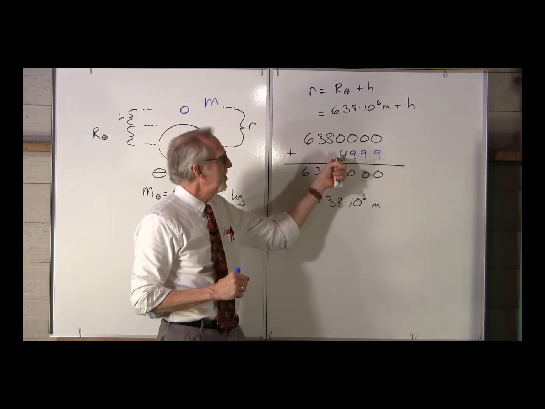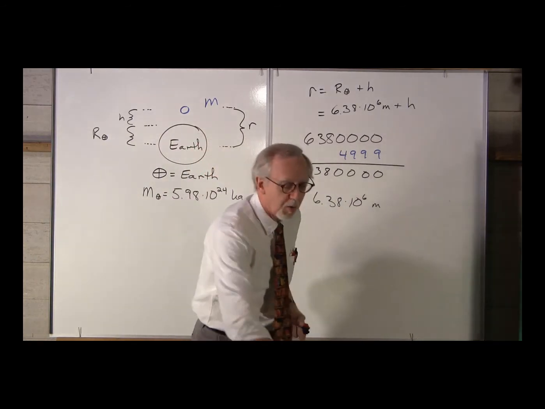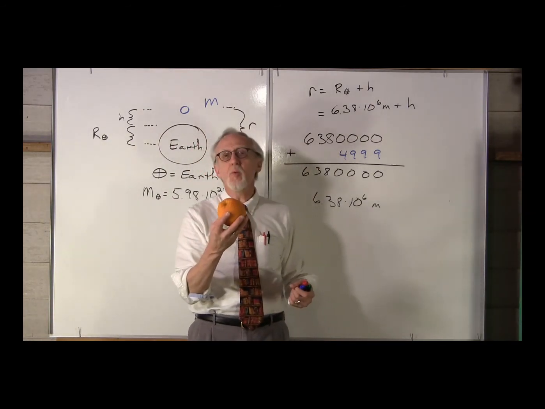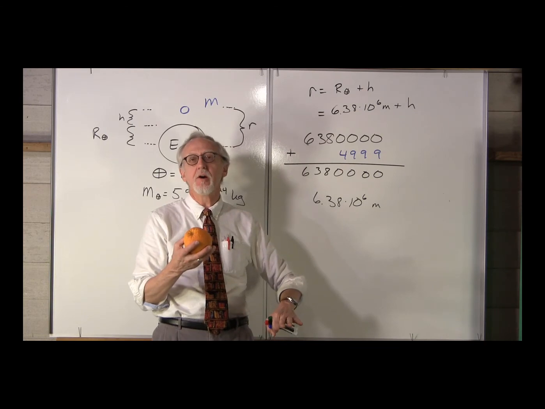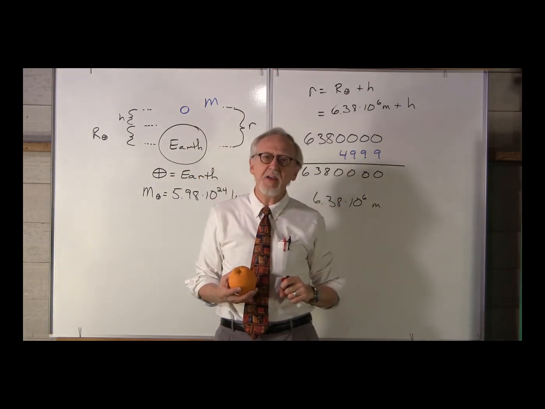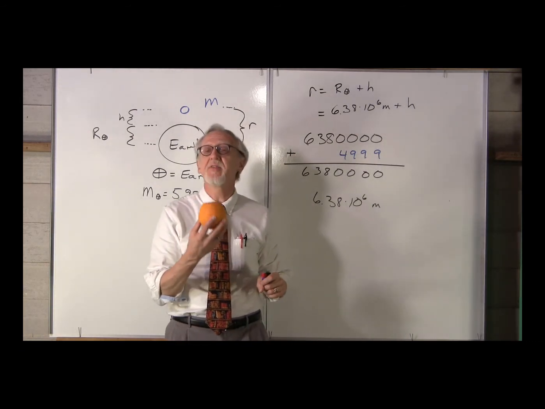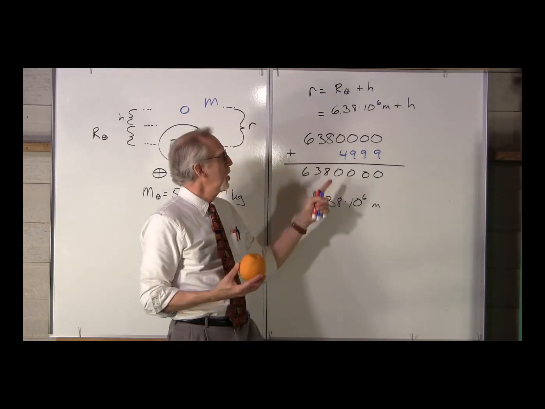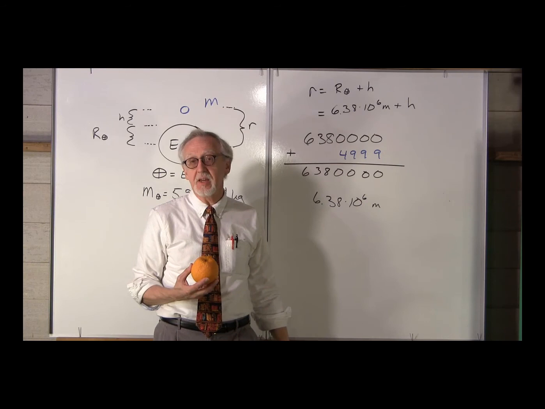That's telling us that we can assume that our orange is anywhere from the surface of the Earth to a height of almost 5,000 meters, in other words, 5 kilometers. And we don't need to change the value that we stick in for r.